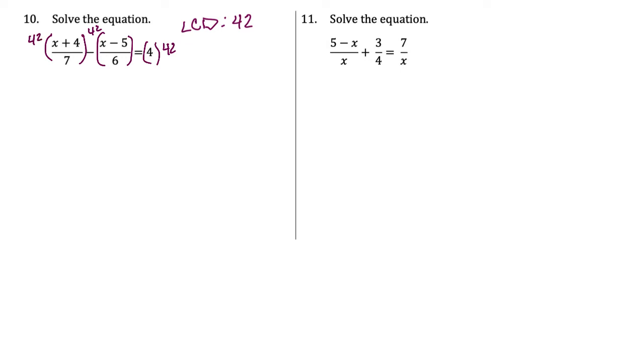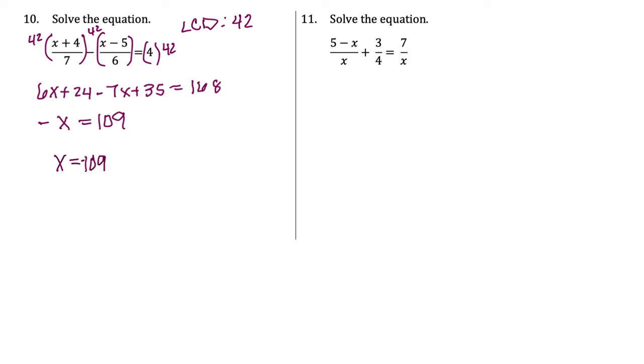Multiplying that by 42, the first one you're going to get 6x plus 24, then minus 7x plus 35 equals 168. Now combining everything together, you get a negative x equals 109. So x is negative 109.